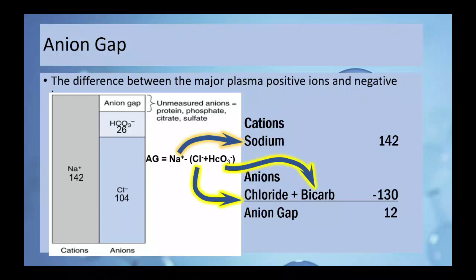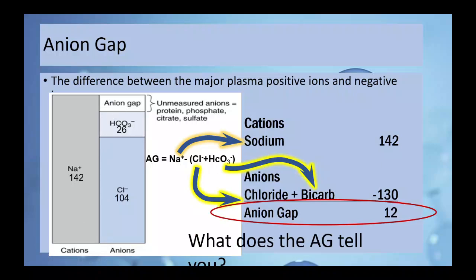Sodium's 142, chloride plus bicarbonate is 130, the anion gap is 12. And that is reflected over here on the side. You see sodium, 142. Chloride is here up to 104. Add 26 to that, that's 130. And this remainder is the anion gap. You just got to memorize the math. That's all there is to it.